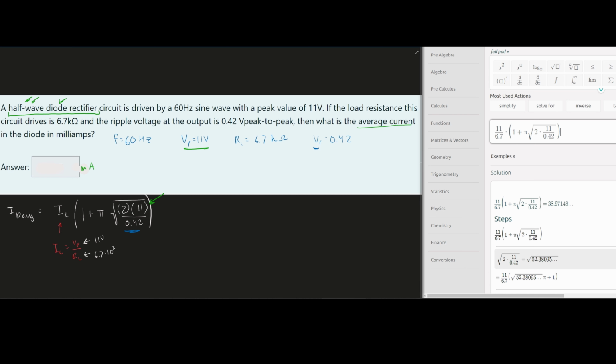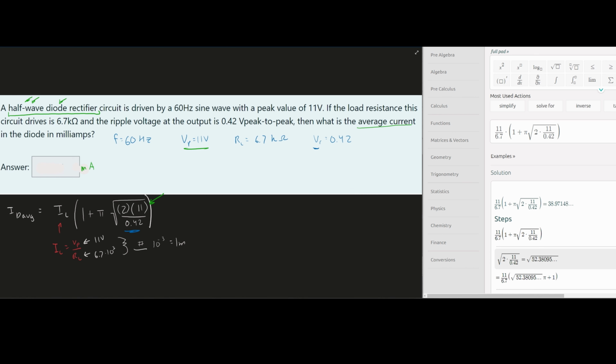That's because if we just do our IL, we are going to get some number, and then we could rewrite our 10 cubed as 10 to the negative cubed. And we know 10 to the negative cube is equal to 1 milli, and we want milliamps as our answer. That is why I omitted this, that way we can have a milli in our answer without having to convert it again.